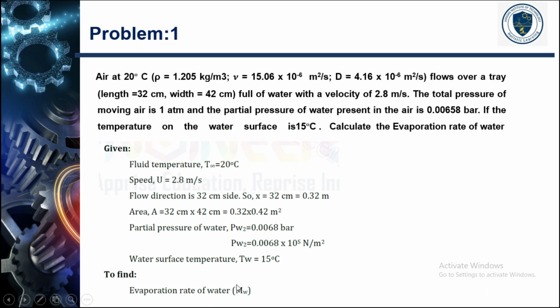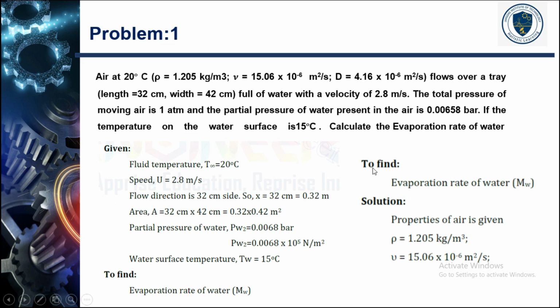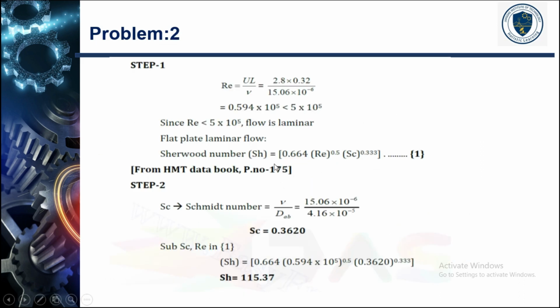To evaluate the evaporation rate, first you have to evaluate the convective mass transfer coefficient. So how to evaluate it? First we have to find the properties, such as nu, then substitute in the Reynolds number and find its value.